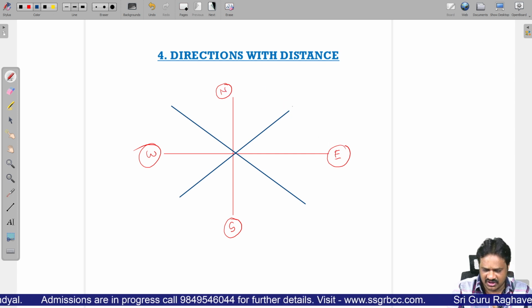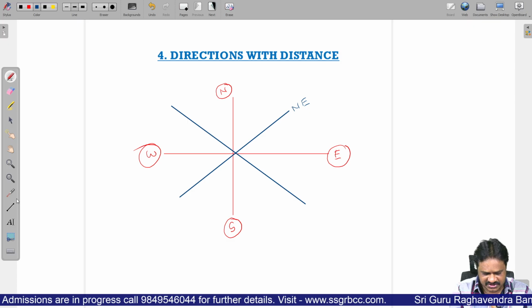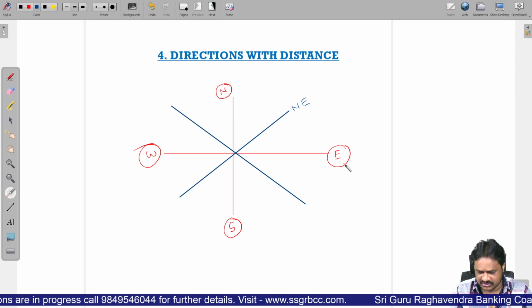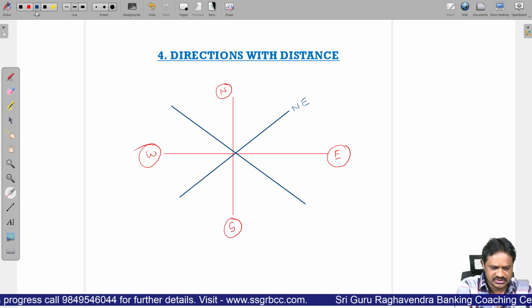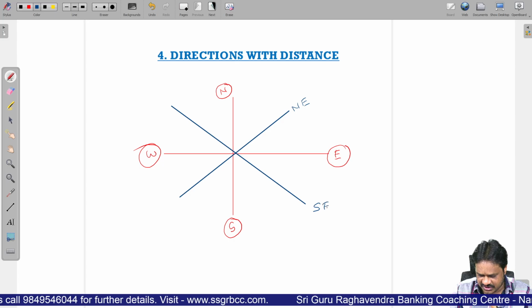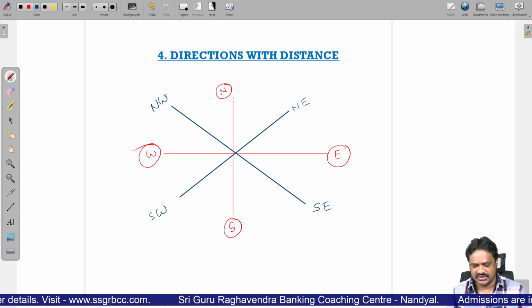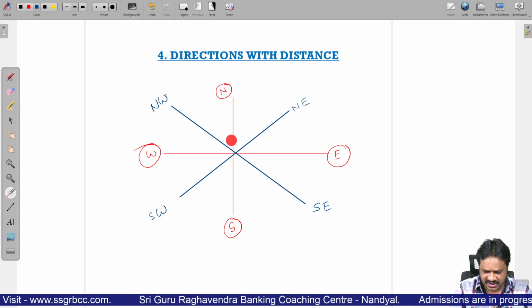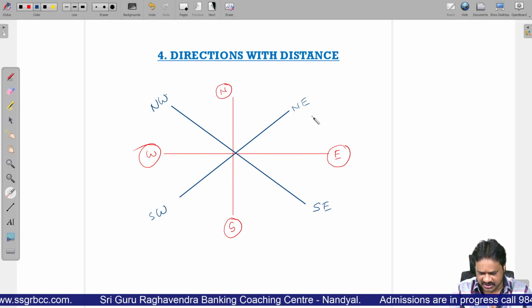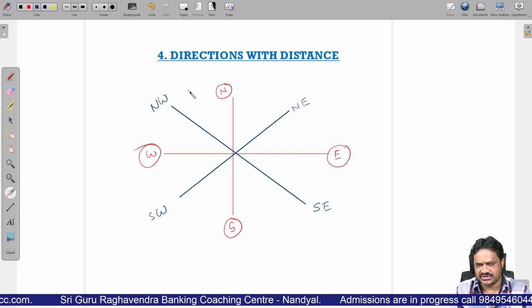So this is called the north-east direction. In between south and east, we have one line. So this is called the southeast direction. This is the southwest direction. This is the northwest direction. If you know all these 8 directions properly, you can answer any questions related to the directions chapter very easily.